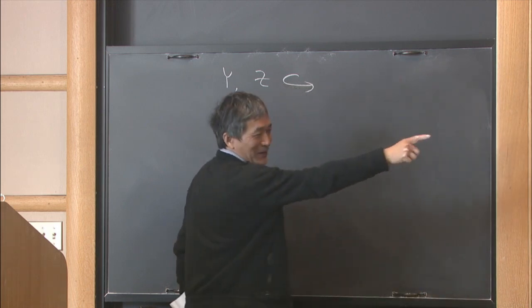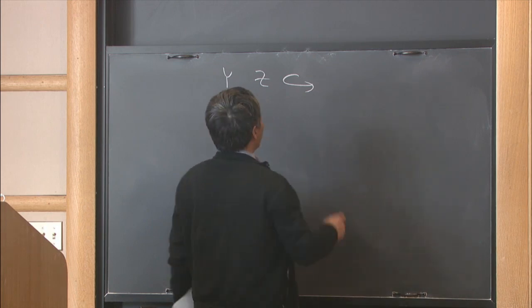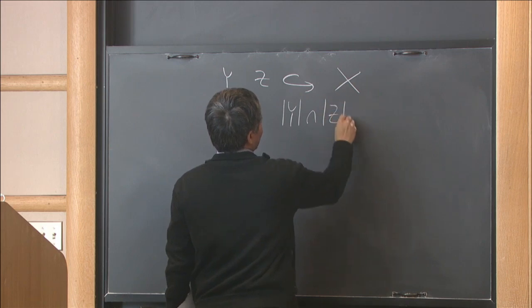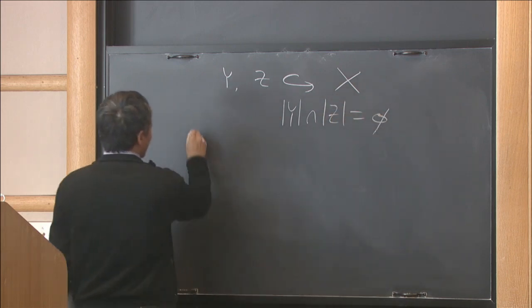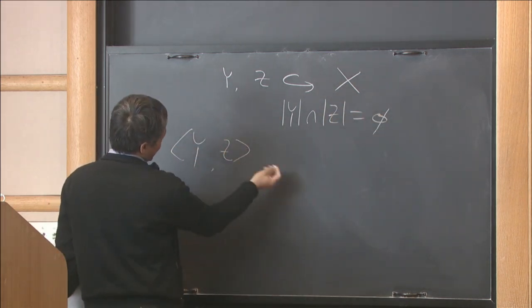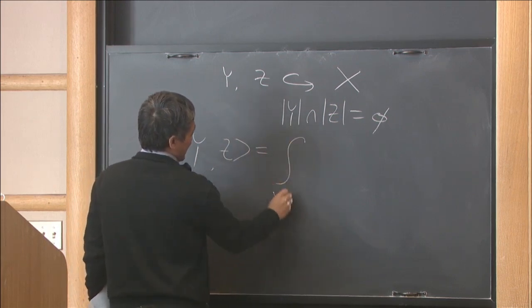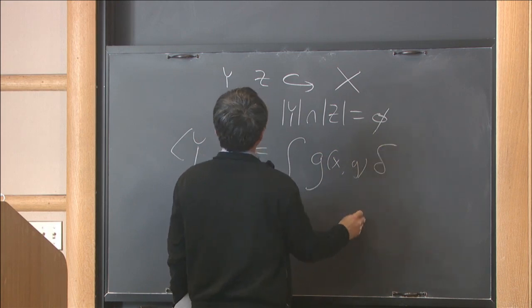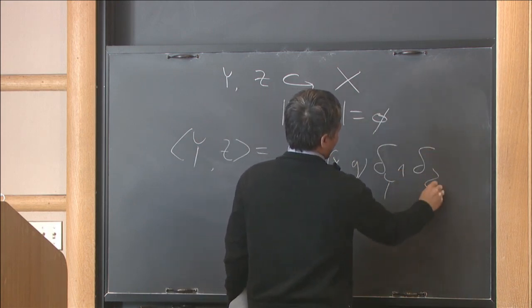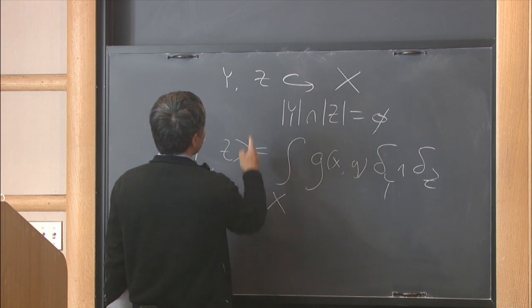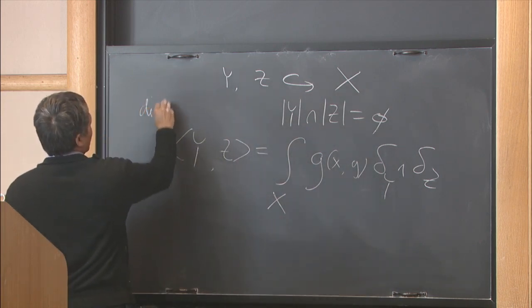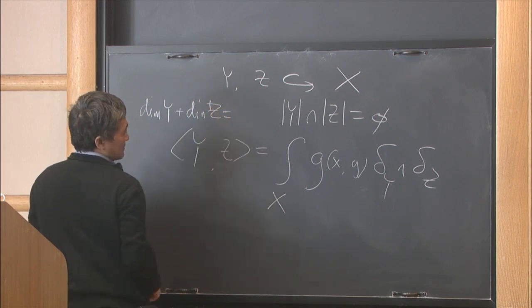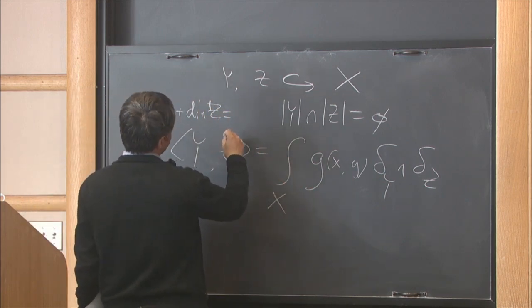So I just show you what the Green current will be used for. If you have this X and the kernel with support, then you can define a (y,z) intersection number to be the integration over X of G(x,y) delta y delta z on X, supposing the dimension of y plus the dimension of z is n-1.